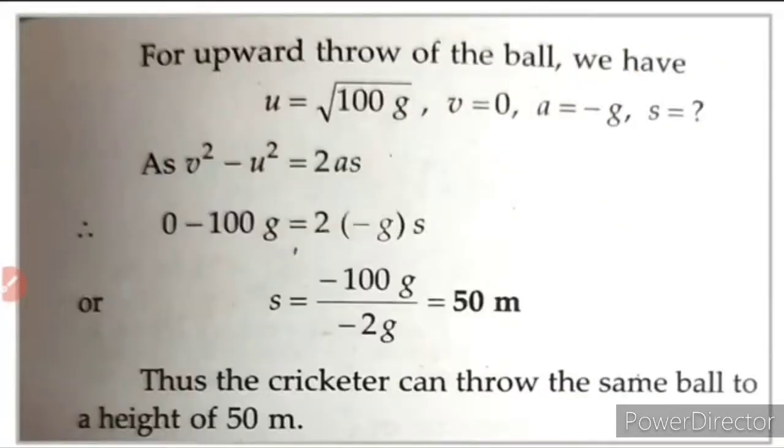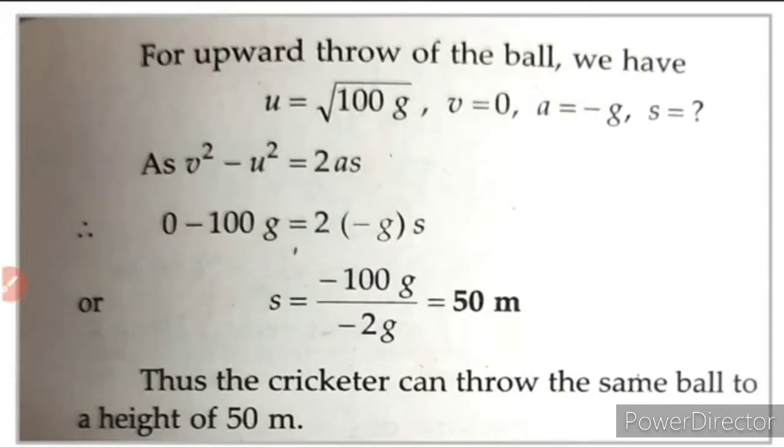Now for the upward throw, when you throw the ball vertically up, the initial speed is root 100 g, and when it reaches the maximum height, its final speed becomes 0, that is v equal to 0, and as usual a is equal to minus g.